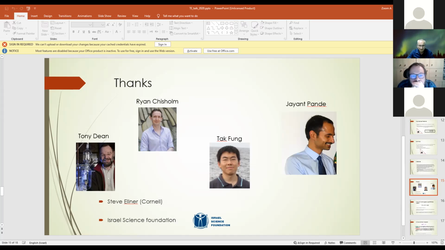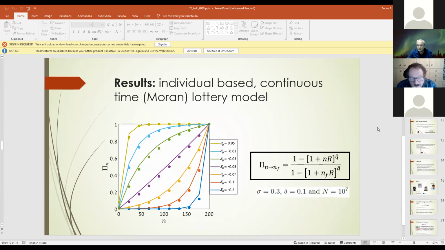Yes, you just go back to the slide. Okay, let's go to here. Here is the formula, and the point is that it has to do with the sign of R.